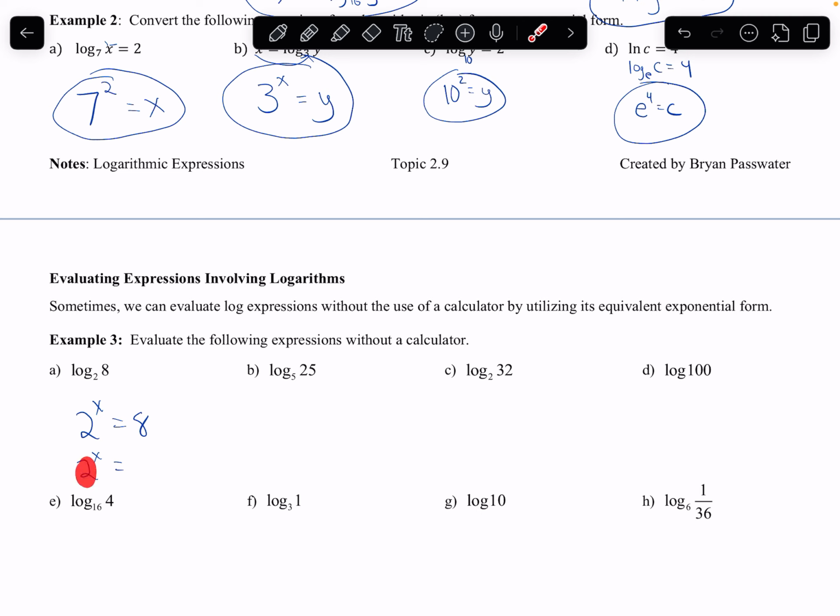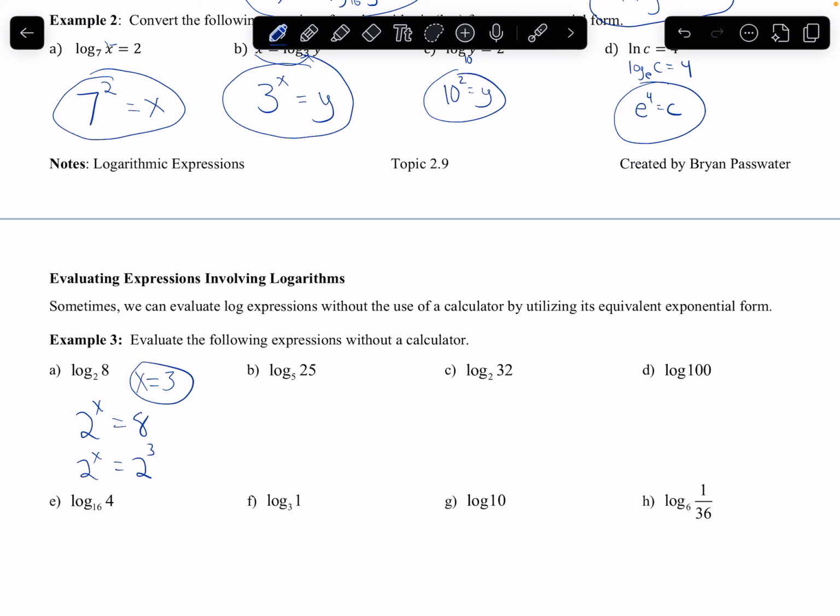I have a 2 over here, so I'm going to see if I can rewrite 8 with a base of 2. 2 cubed. Now I can see 2 to the x equals 2 cubed. For these to be the exact same thing, the x has to be equal to 3, because if it was equal to 3, then both sides are equal. So x equals 3.